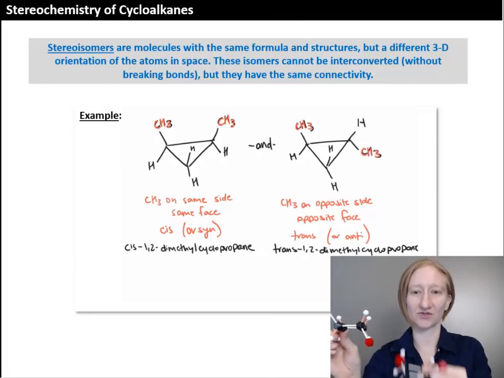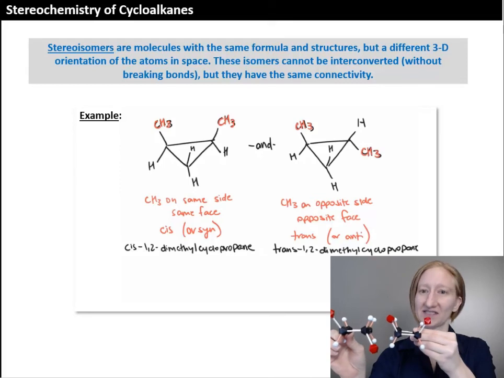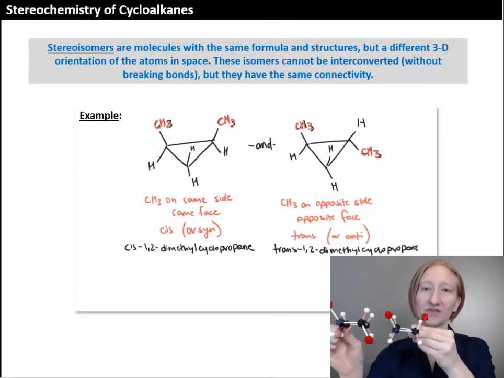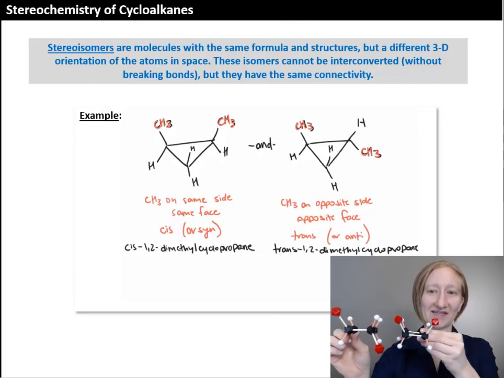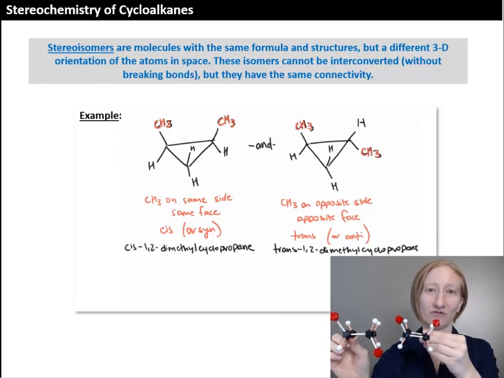When I build these two structures, it becomes a little bit clearer how different they really are. They have the same connectivity. They're both 1,2-dimethylcyclobutanes, but they're not the same structure. They're not identical. I can't interconvert these two structures unless I break or form bonds, unless I move atoms.